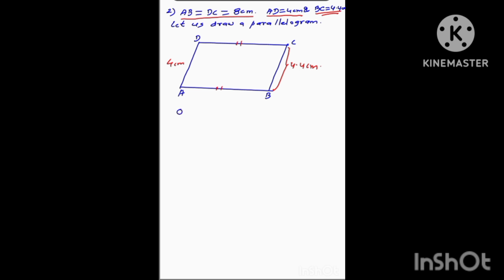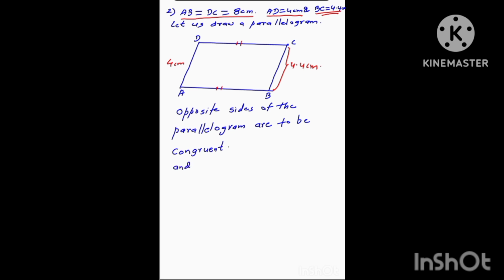So we will check for the property. The opposite sides of the parallelogram are to be congruent. The property says that the opposite sides of the parallelogram are to be congruent.